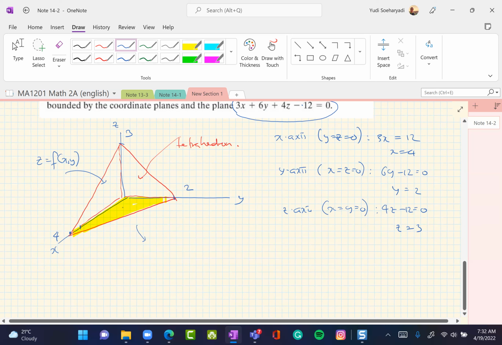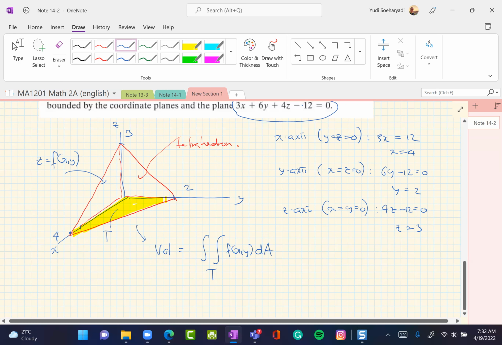This is what we call the region T. So we have the volume as the integral over the region T of the integrand.